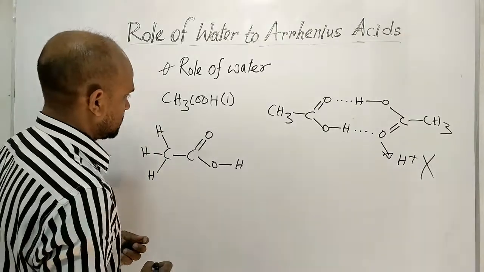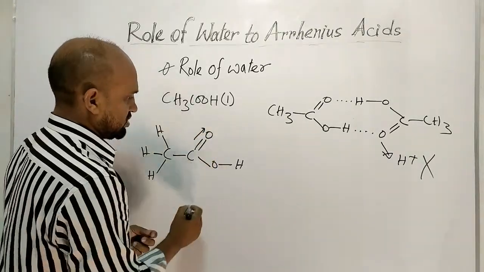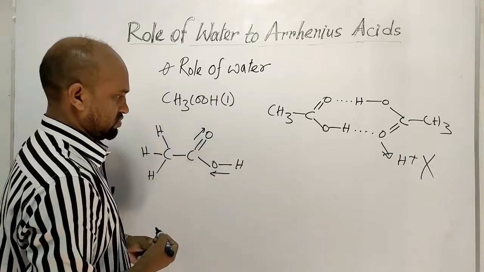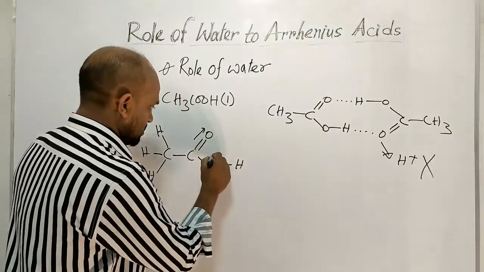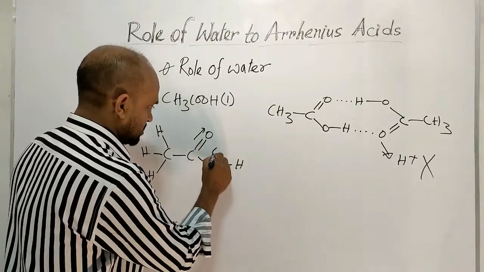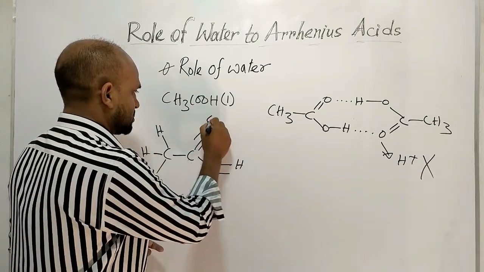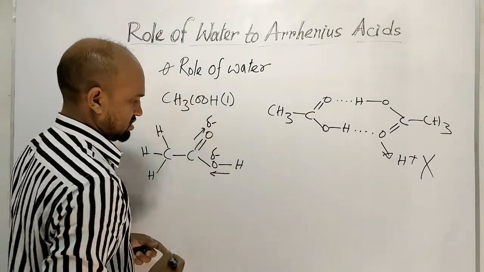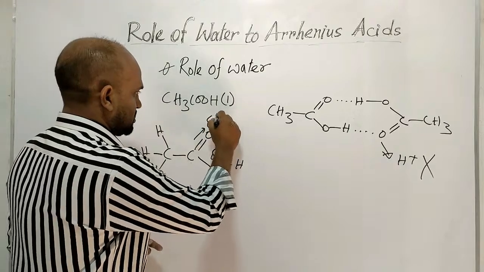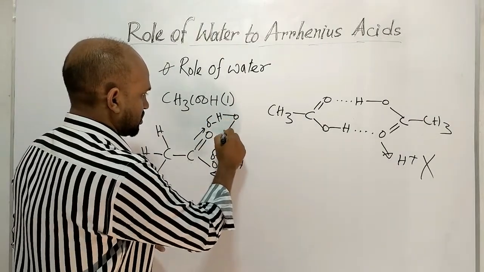But in presence of water, now let's see how it can produce protons. Acetic acid, this is electronegative atom, this is electronegative atom. That is why it gets negatively charged, and this is attacked by water.